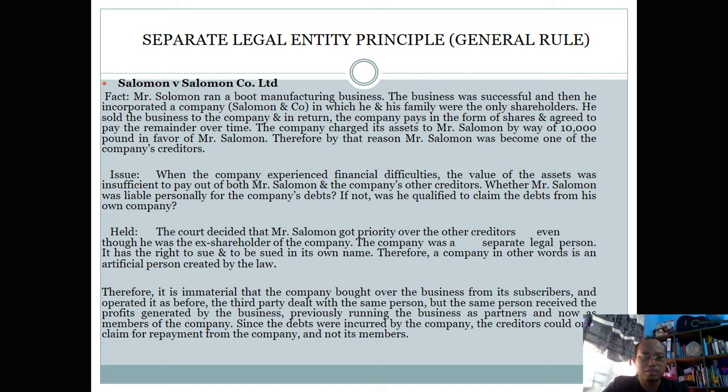And for this purpose, the company charged its asset to Mr. Solomon.